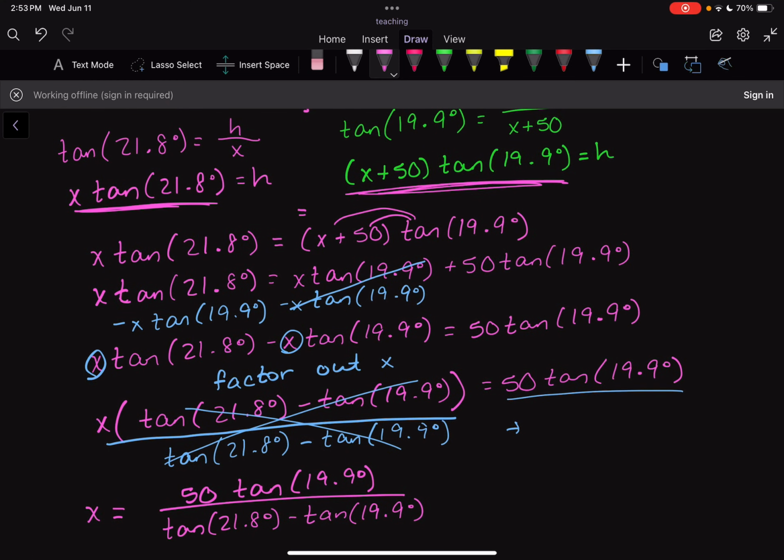Unfortunately, we are not finished because that's only the x value. That is not h, and we need to find h. But I can go get h. So let's look over at this equation here. To find h, I'm supposed to take my x value and multiply by tangent 21.8.